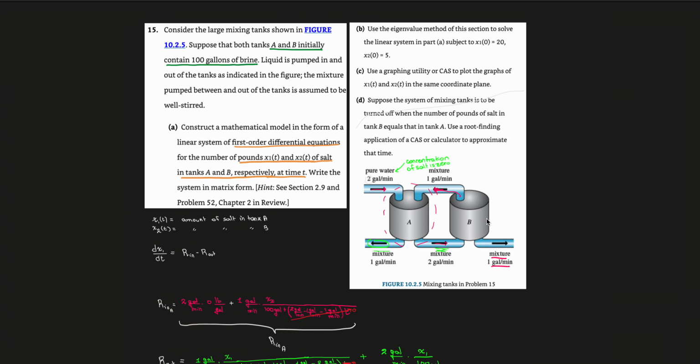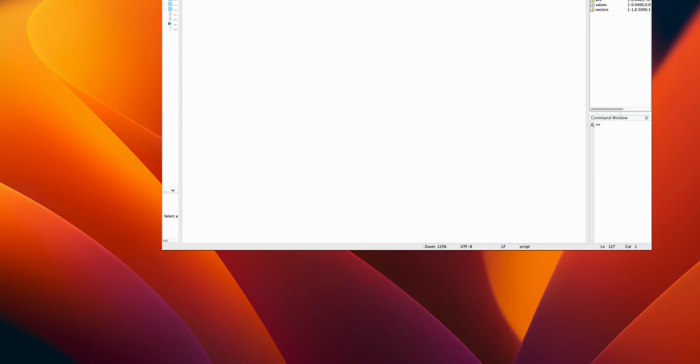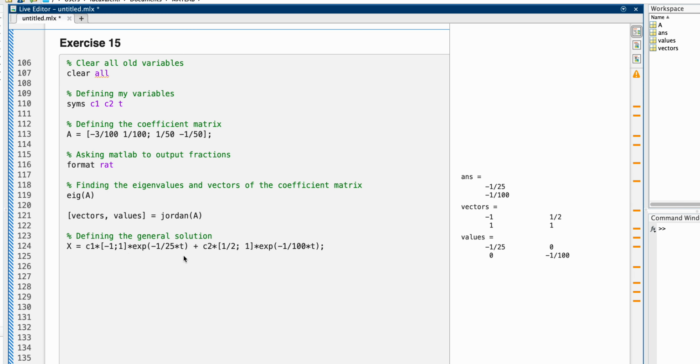So we can write this into our Matlab to find C1 and C2. So finding the specific solution, well, we need to solve a system. It's going to be the solution x of 0 is equal to 20 and 5.